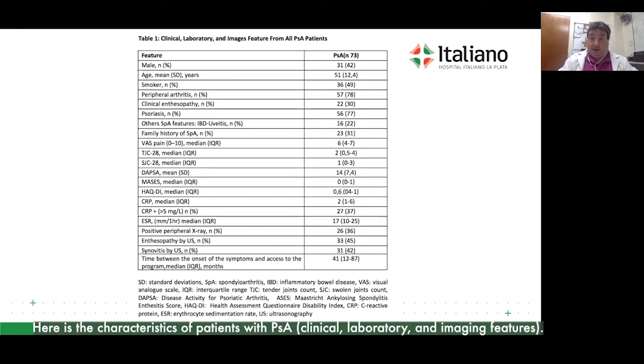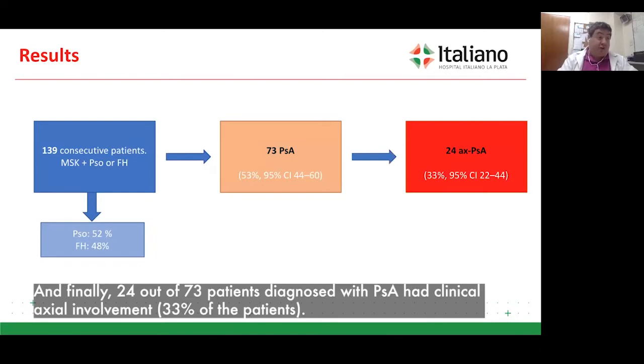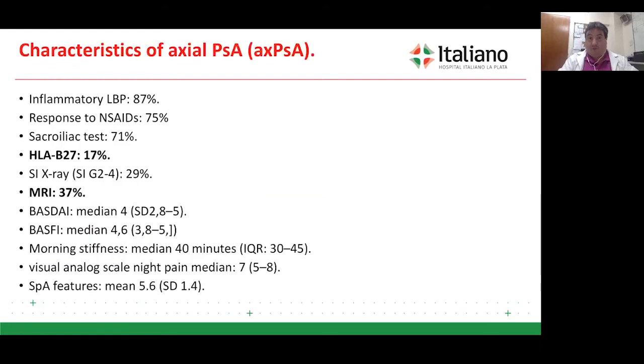Here are the characteristics of patients with psoriatic arthritis: clinical, laboratory, and imaging features. And finally, 24 patients out of 73 diagnosed with psoriatic arthritis had a clinical axial involvement, 33% of the patients.